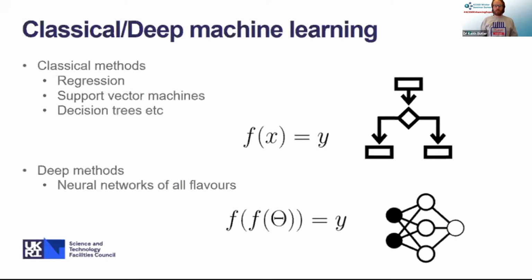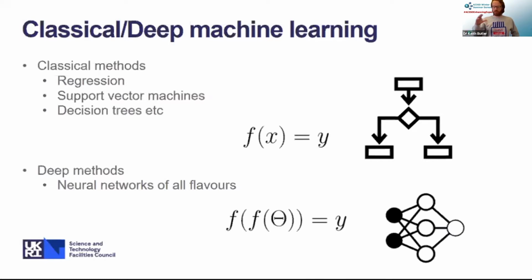So we can think about what we call classical machine learning models. That's anything from linear regression through things like support vector machines, decision trees, etc. And then on the other side, we can think about deep methods. So deep neural networks, basic neural networks of any flavor are what I'm going to call deep methods.